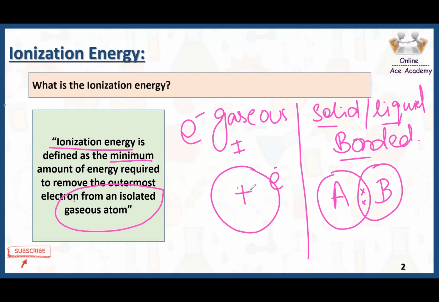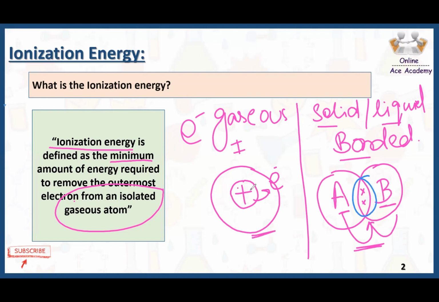Now, the hold of the nucleus on this electron is less as compared to the hold of these two nuclei on these two electrons. Here the hold of the nuclei on these two electrons is much more as compared to this isolated gaseous atom.